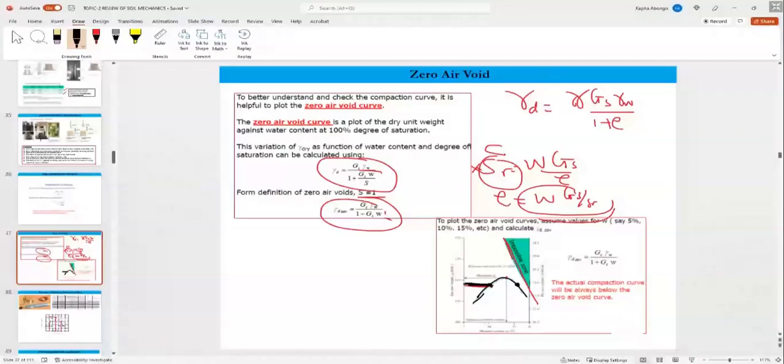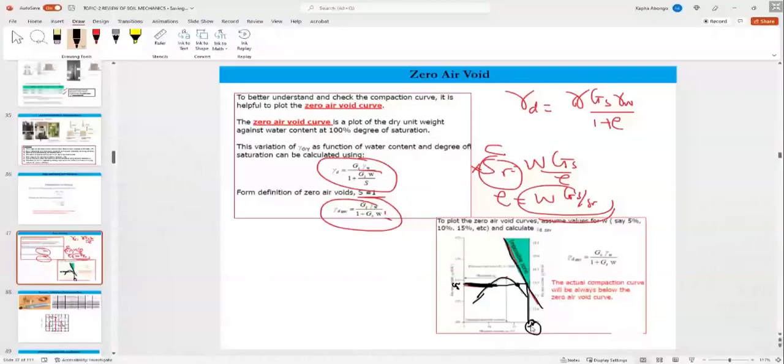Are you able to see the zero air void right here? Okay, this is maybe 90% degree of compaction. If you take this line to the zero air void line there, this is the theoretical water content of the soil. You compact the soil in the field, but it's not saturated. When it rains, it will saturate at that water content.